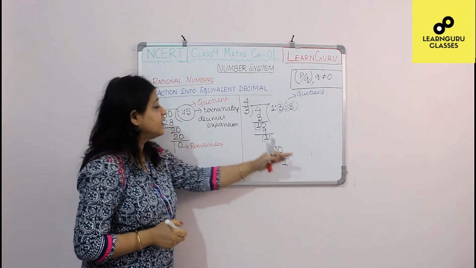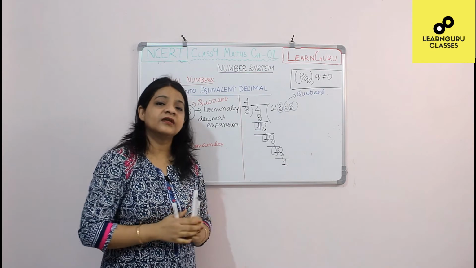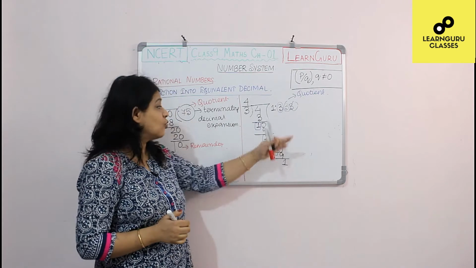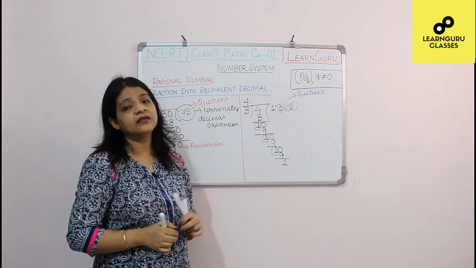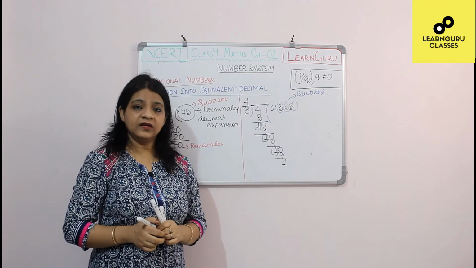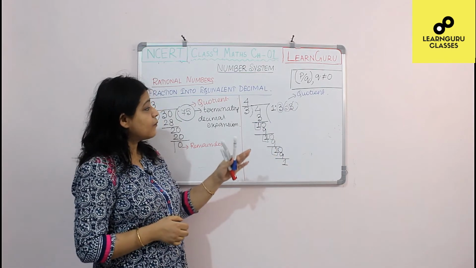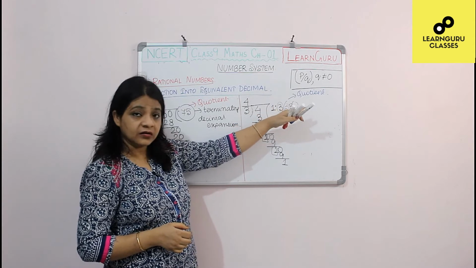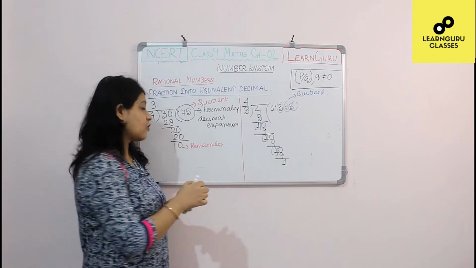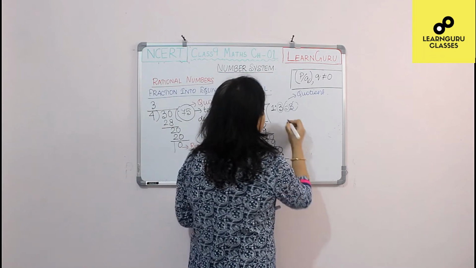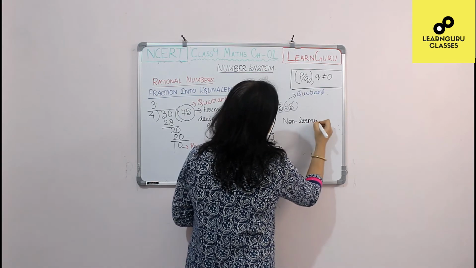And can you see any hope that this division remainder will come to be 0 and the division will end? No, there is no such hope, because you are getting the remainder as 1. So you can't end the division here. So this type of decimal expansion, where the remainder never comes to be 0, is called as non-terminating decimal expansion. Non-terminating.